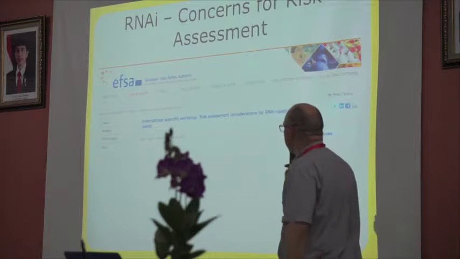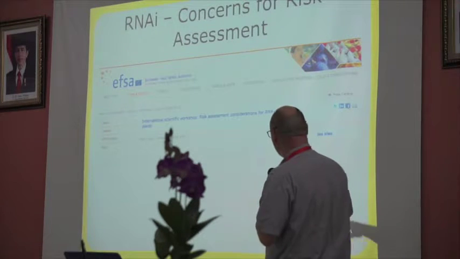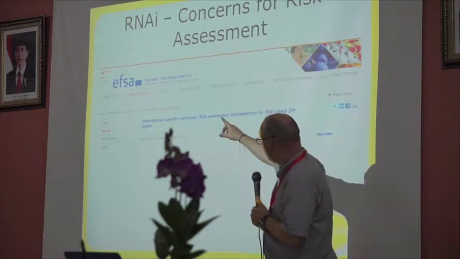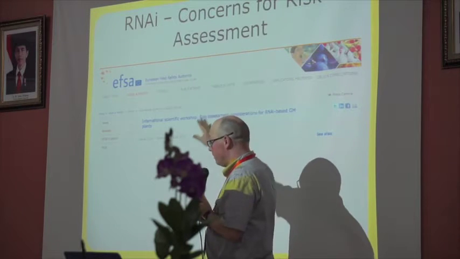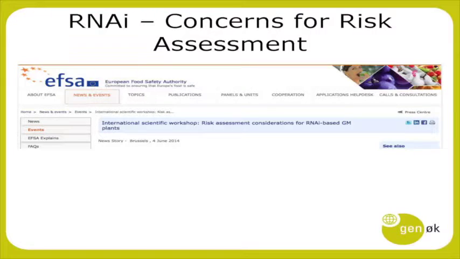So there are concerns for risk assessment, and in 2014 there was a workshop organized by the European Food Safety Authority, recognizing a lot of biosafety questions connected to RNAi, and also a little bit about how to proceed with that.